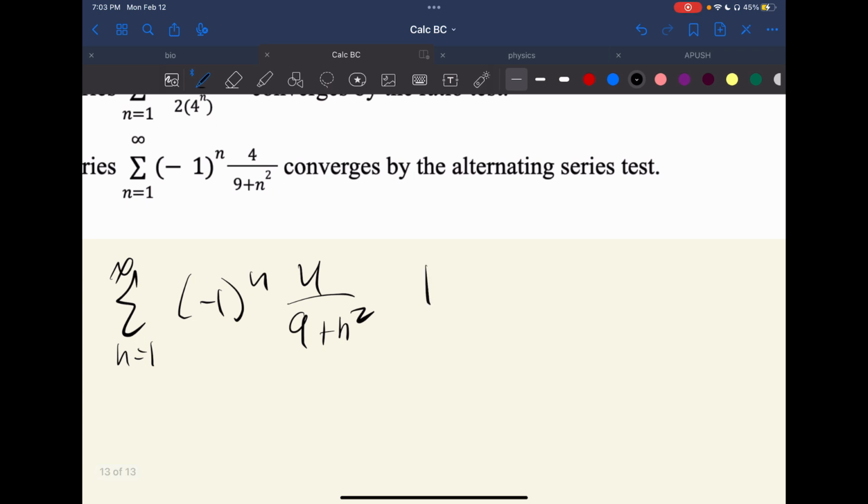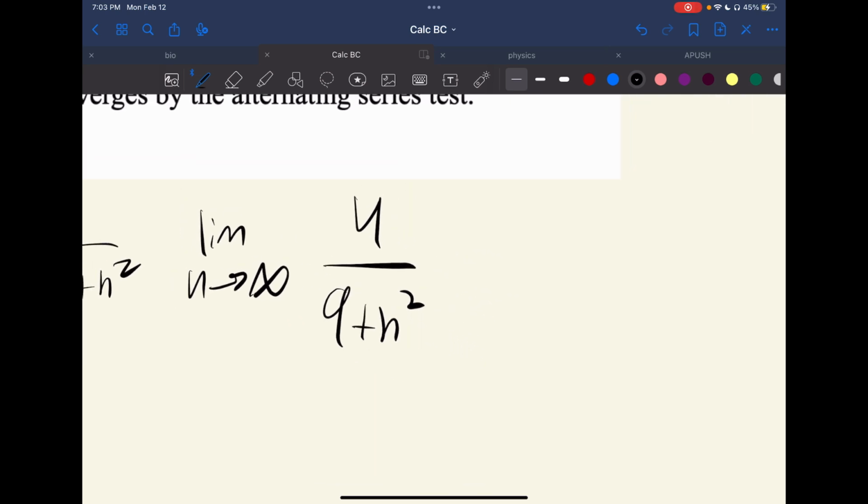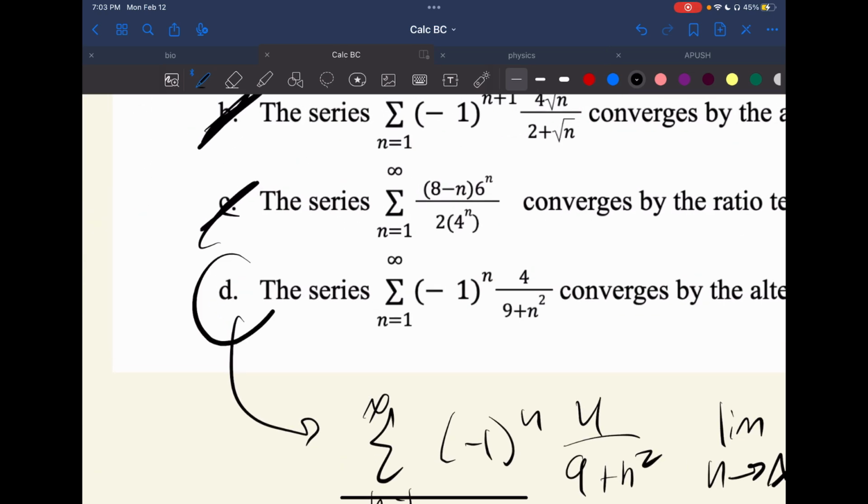So we can stick to this. Limit as n approaches infinity of 4 over 9 plus n squared, and this is going to go to 0 due to the n squared in the bottom. So based on that, since it equals 0, it converges. So the answer is D.